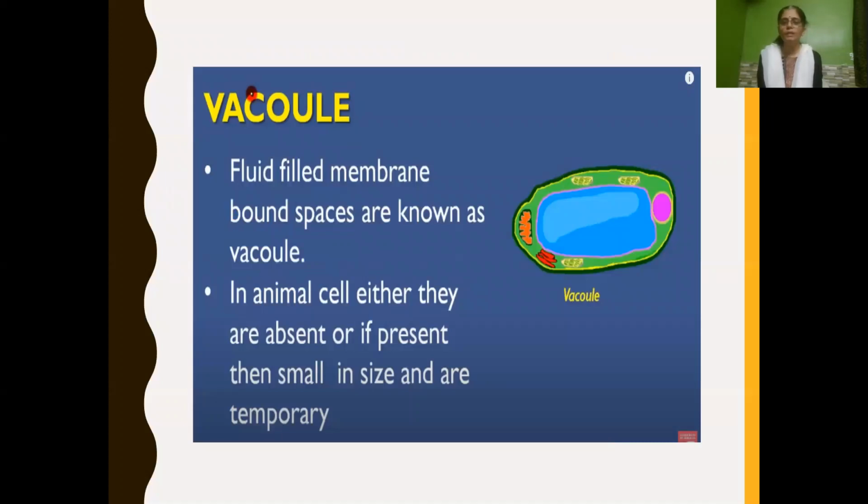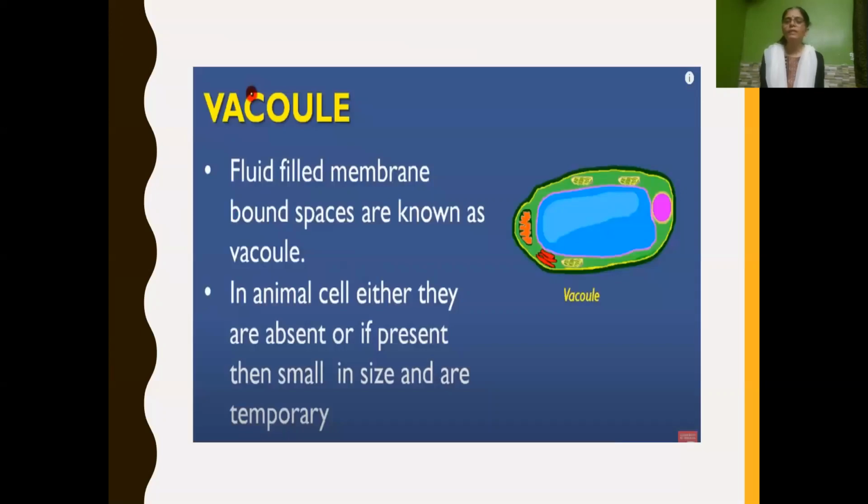And if you see the picture here, a vacuole is a fluid filled membrane bound space inside. You can see that light blue color, which is called a vacuole. It is a fluid filled membrane bound blank space known as a vacuole.